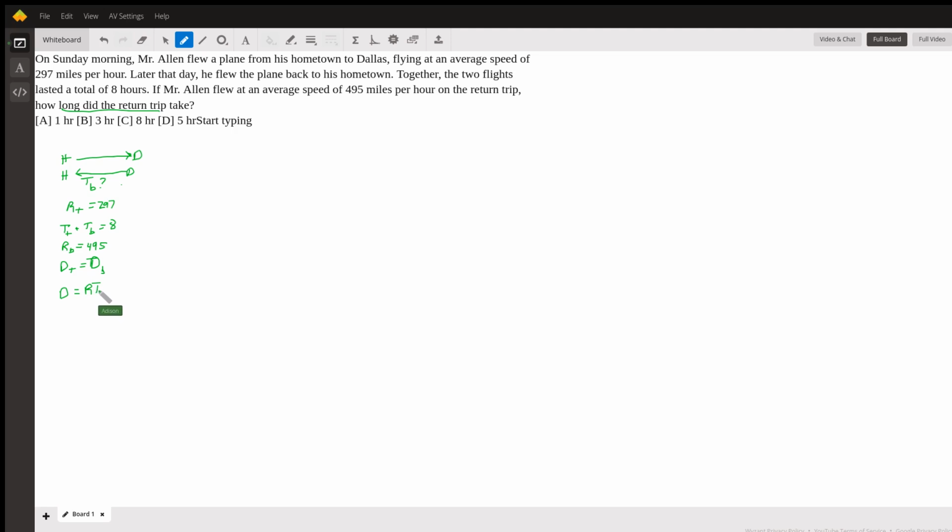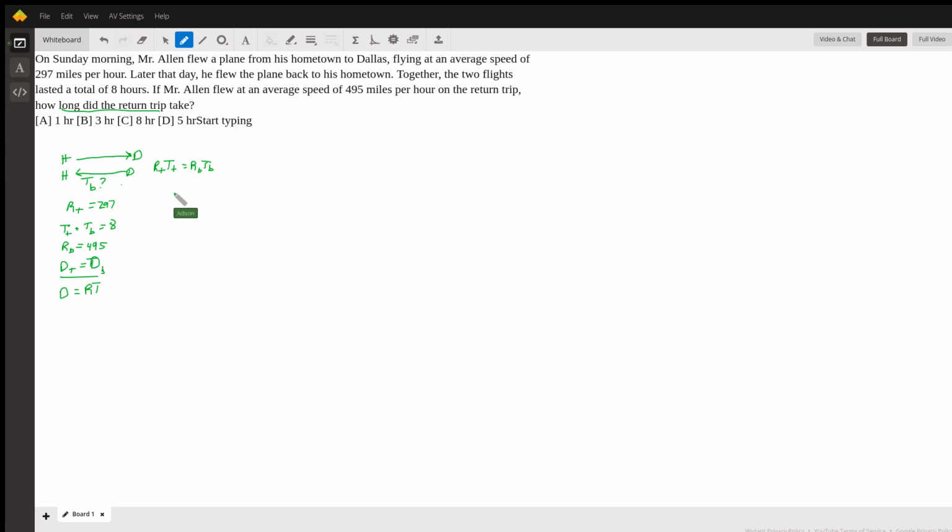Well, we can use this equation, distance equals rate times time, in this equation right here. Because the distances are equal, then the rate times times are equal. In other words, the rate to Dallas times the time to Dallas equals the rate back from Dallas times the time back from Dallas.